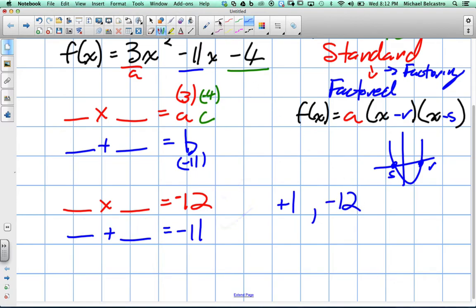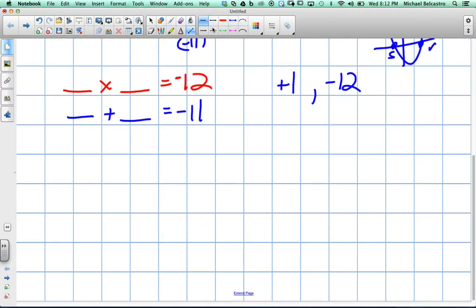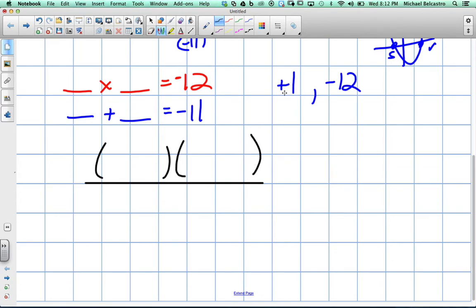Next, we're going to essentially build this factored form, and we're going to divide it by our a term. So for our factored form, we have our two brackets, and we're going to put in what these values are. Now, these aren't technically our r and our s yet.